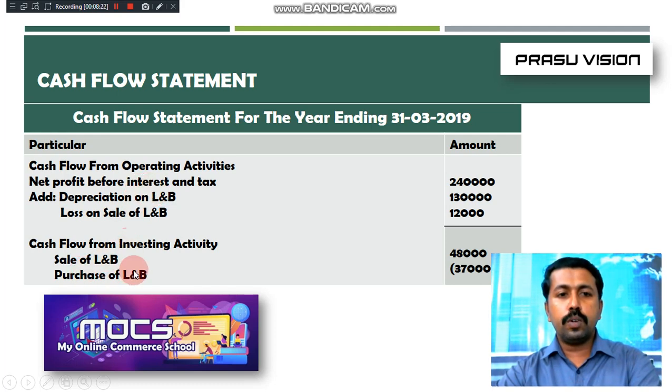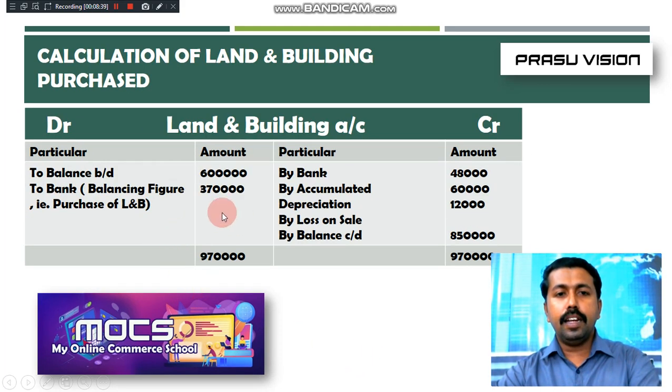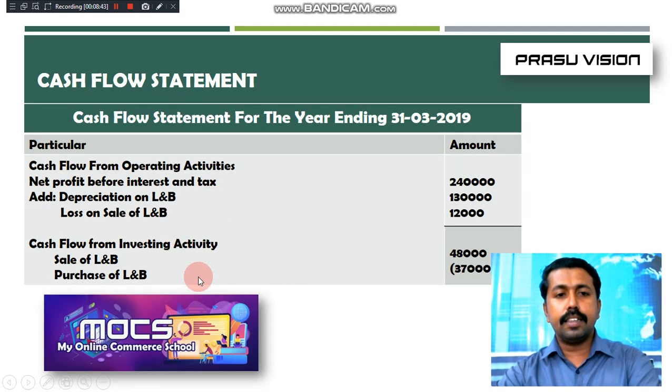Then how to record the items in the investing activity? We already said: the sale of land and building 48,000 is an inflow of cash, and the balance figure in the land and building account, 3,70,000, is the purchase of land and building.